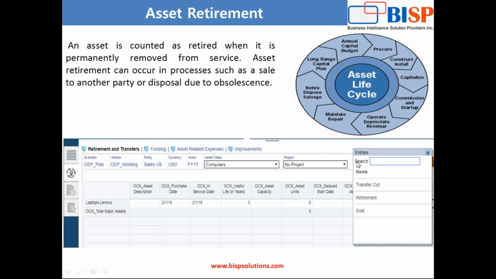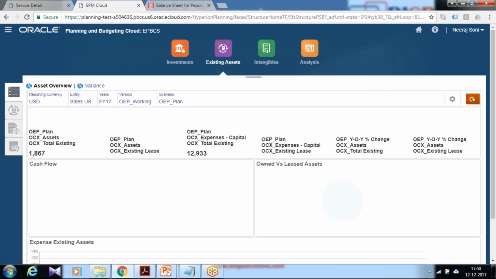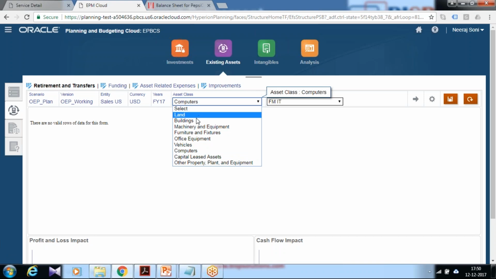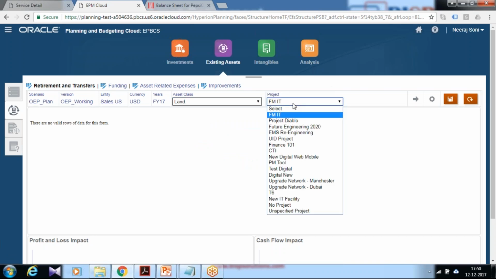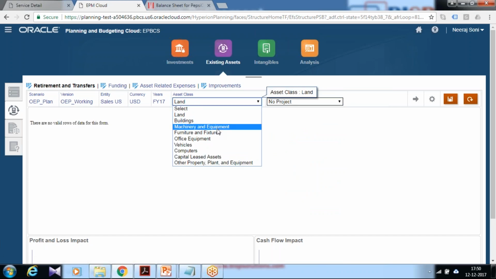Finally, as I showed, you can define asset retirement for an existing asset and transfer. Under retirement and transfer, you can select the asset category and the pertaining project, if it is mapped to a certain project, or maybe your asset is not mapped to any project.